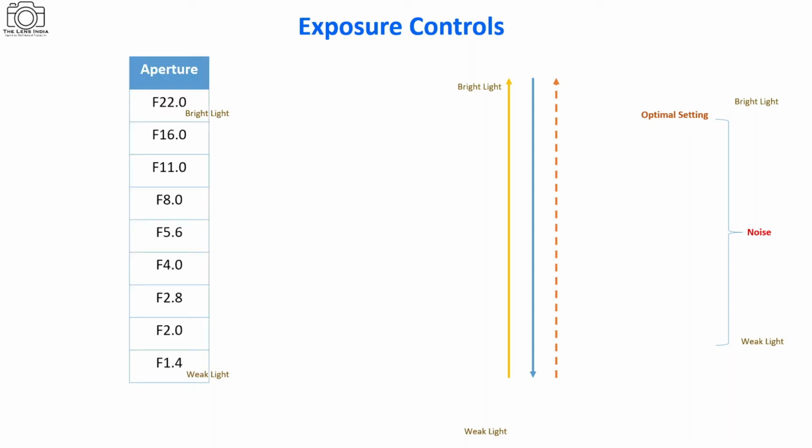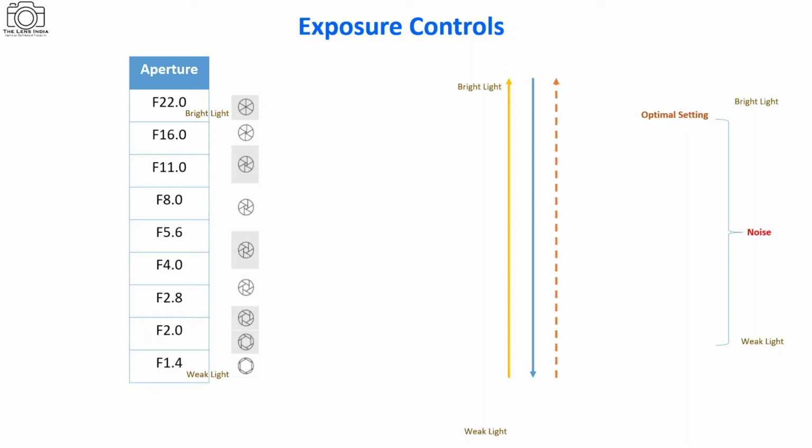Let's talk about the aperture first. What is the aperture? Aperture is basically nothing but the hole opening in the camera lens, which is specified by some number. You can see some numbers ranging from f1.4 to f22, with f1.4 being the smallest number and f22 being the largest number.